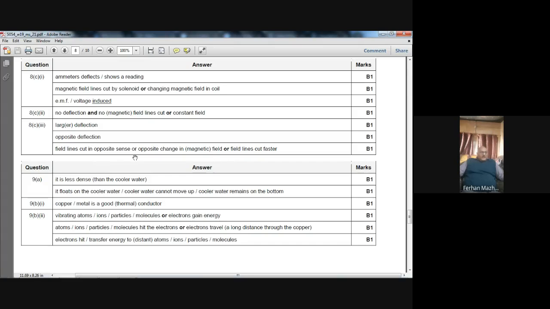You don't have to write these sentences. The basic answer should be that when the north pole of the bar magnet approaches the right side of the solenoid, the magnetic flux passing through the solenoid will change, this will induce EMF in the solenoid and the galvanometer will show deflection.